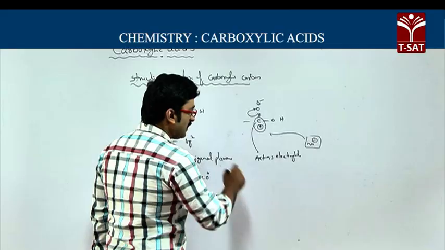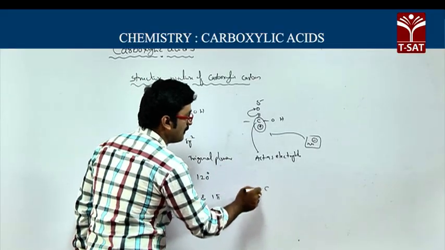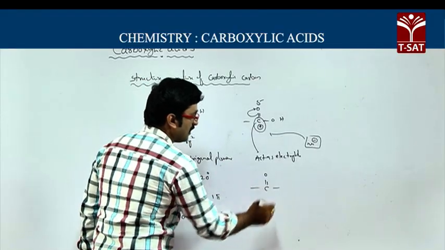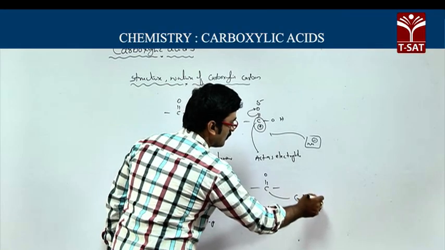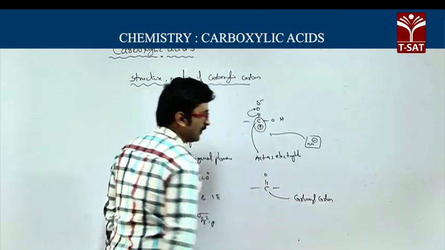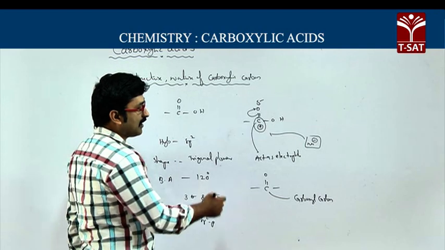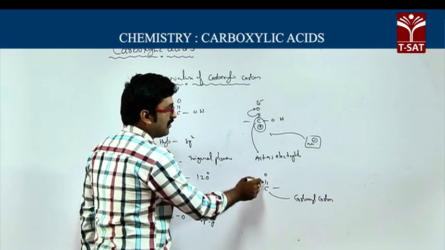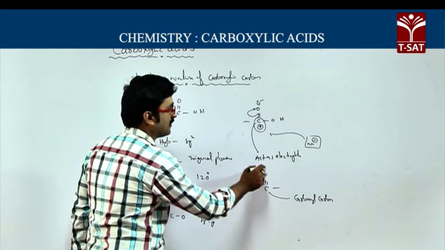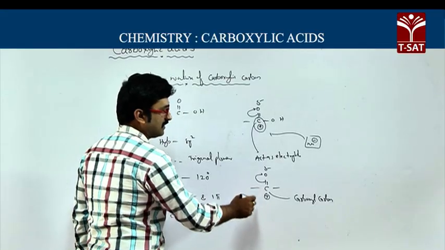Now, if you compare with a carbonyl carbon, this is the carbonyl carbon. Okay. In carbonyl carbon also, when oxygen takes up these pi electrons, it gets a partial negative charge and the carbon gets a positive charge, right?